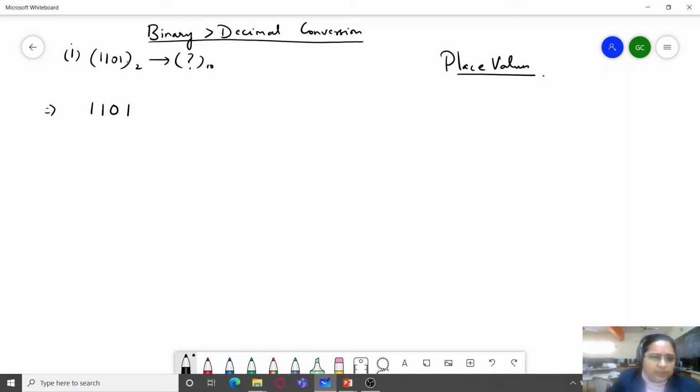For example, this one is the LSB, that is least significant bit, and this one is the MSB, that is the most significant bit. The least significant bit will have zero weightage, and this will increase in increasing order from right to left side, that is before the decimal point.